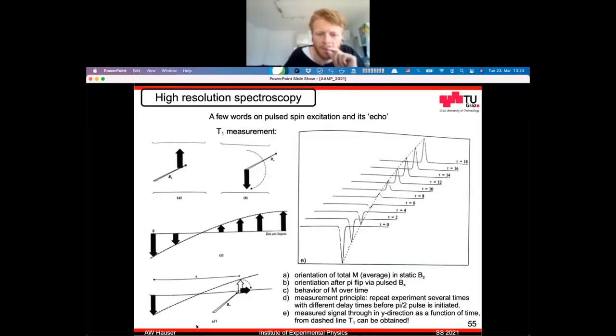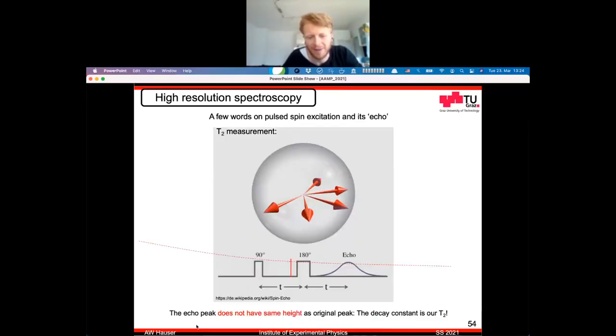So maybe before we go to that, could you go back the slide before? I do not really see it because I thought the echo would be exactly of the same. To what do we compare it? To the one before? So we have these two stages where we have the flip first, and then at this point it is exactly in phase. And we compare this intensity to the echo after it then.